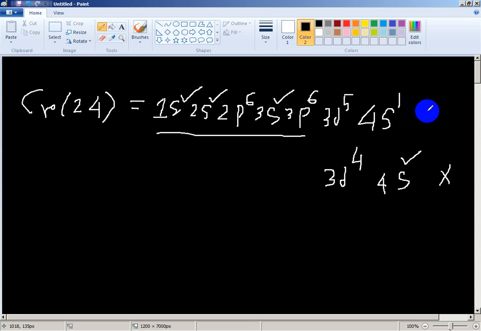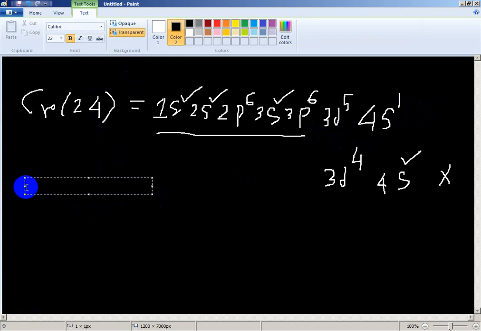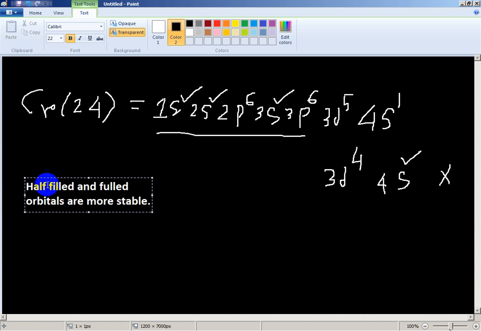This is the exception for chromium, because half filled and full filled orbitals are stable.